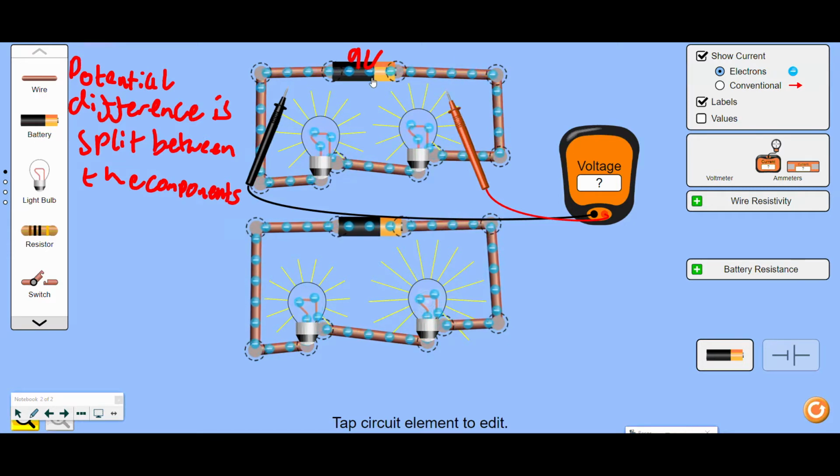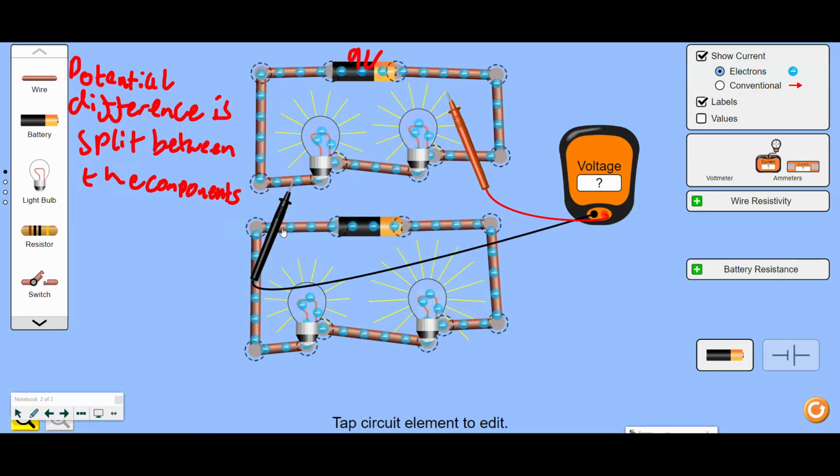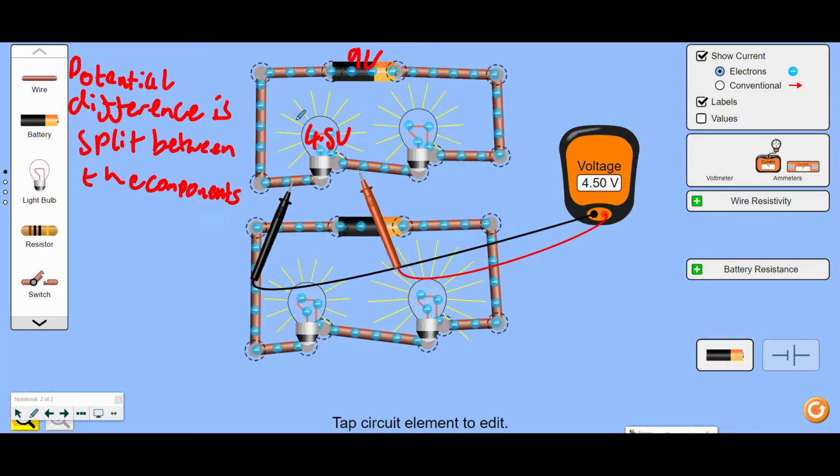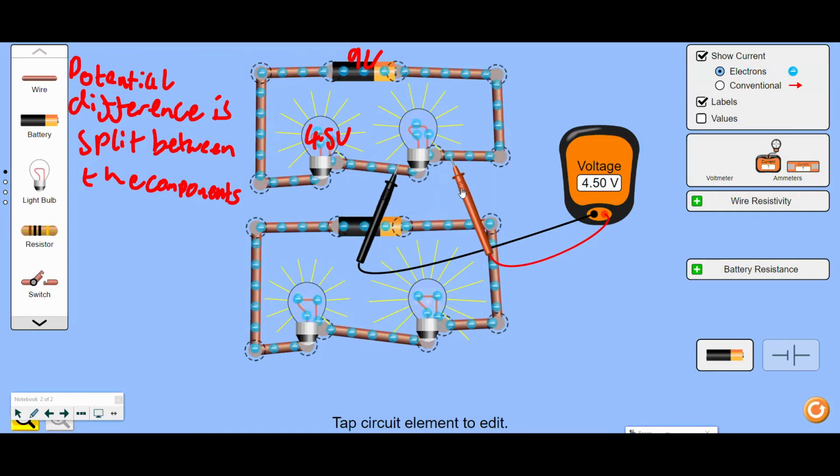So how would that 9 volts be split up? Well, because they're identical, it would just be split in half. So bulb number 1 is going to get a potential difference of 4.5 volts, and bulb number 2 is also going to have a potential difference of 4.5 volts.